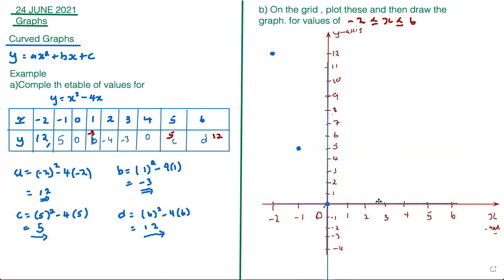So that's 0, 0. Now the next point is when x is equal to 1. When x is 1, y is -3, so it's at this point right here. When x is equal to 2, it's -4.